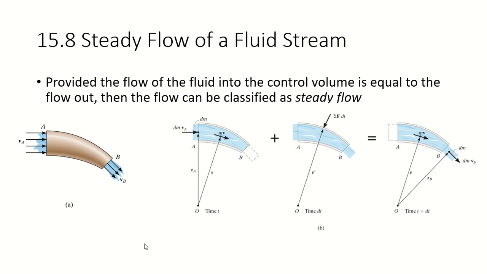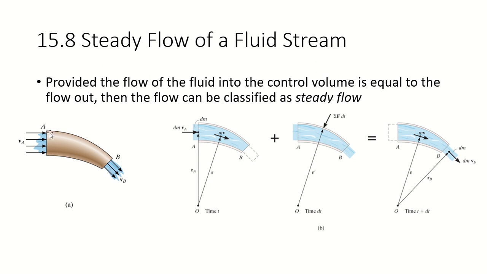Then we'll get into a little bit on 15.8. That's just dealing with the fluid system. So we have a fluid stream here, and we're going to take a look at the steady flow of it. When you see here, there's a flow of that fluid, and it's going into the control volume.